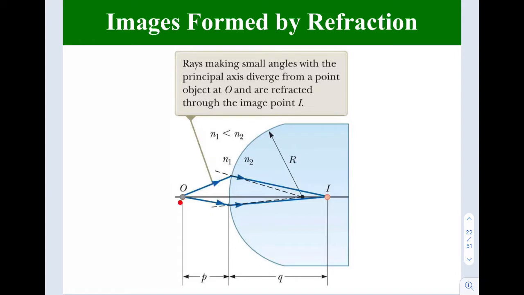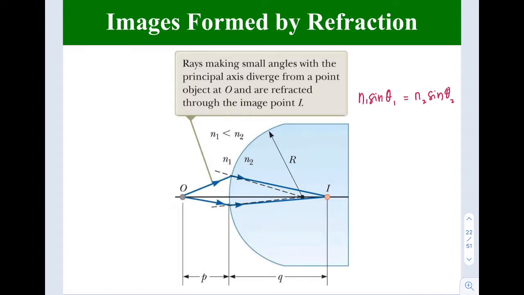The object at point O, this is the position of the object, is in the medium for which the refractive index is N1. Let's consider the paraxial rays leaving O, as shown here, which are refracted and finally combined at one point where the image is going to be formed. Based on Snell's law, if you still remember, N1 sine theta 1 must equal N2 sine theta 2.